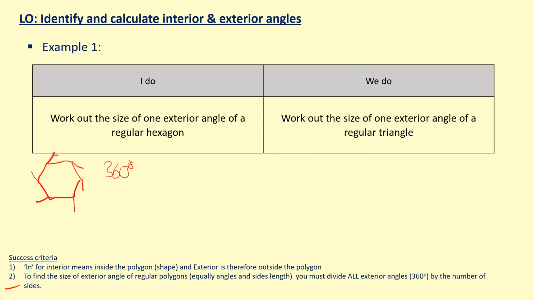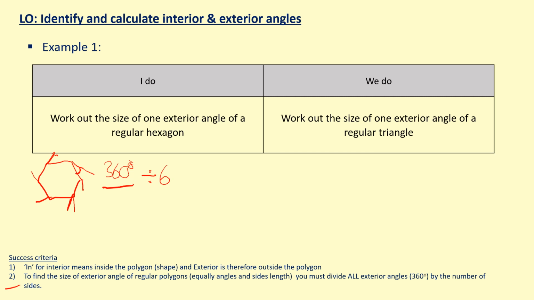So all these outside 6 exterior angles add up to 360. And we want to find one of them. So let's say we were finding this one here. We have to divide by the number of sides of the hexagon, which is 6. And that's why we need our short division.